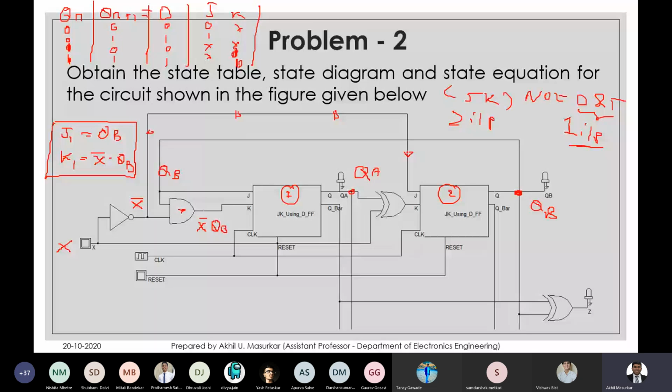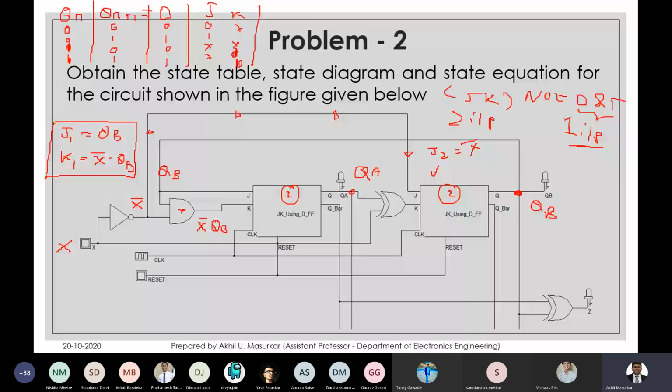So J2 is X bar, and K2, you can see again here, this is nothing but the same signal.